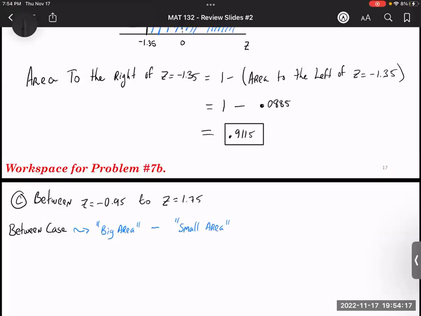That's right. For the big area, I'm referring to the area to the left. Now remember, we're not subtracting z values, but rather we're subtracting their areas. So it's the area to the left of z equals 1.75 minus the area to the left of the smaller z value.